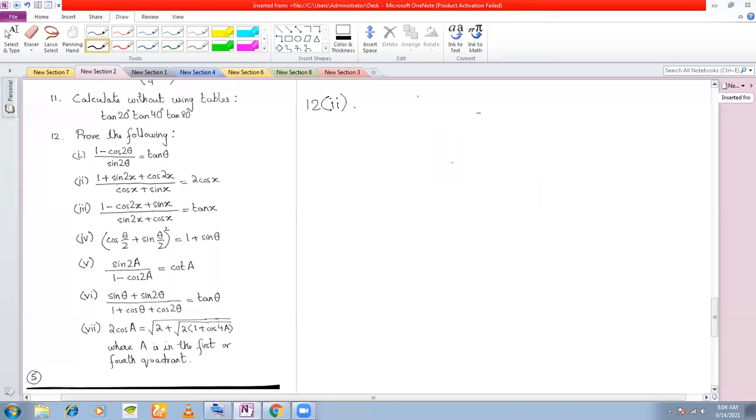The next question here is prove that (1 plus sin 2x plus cos 2x) by (cos x plus sin x) is equal to 2 cos x. So we start from the left hand side. 1 plus sin 2x plus cos 2x, divided by cos x plus sin x.